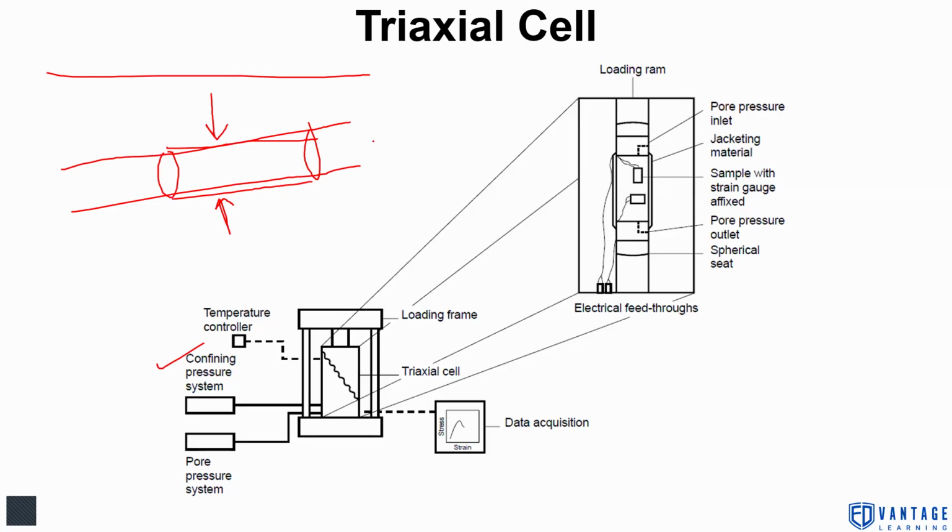And of course, your overburden stress, due to fluid flow or whatever, will be sigma V on the body. So the confining pressure is actually sigma H min, and the axial load that we give is sigma V, right? So we artificially give these two stresses in the conventional triaxial test.